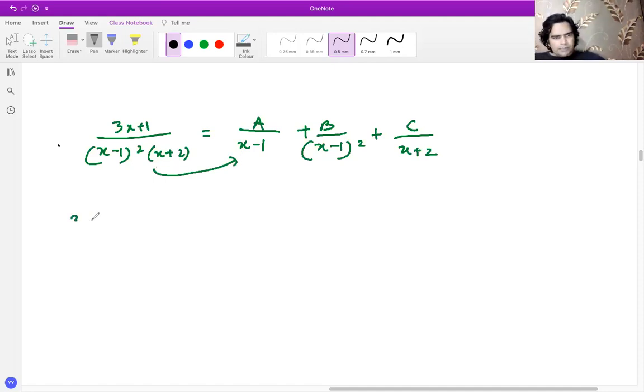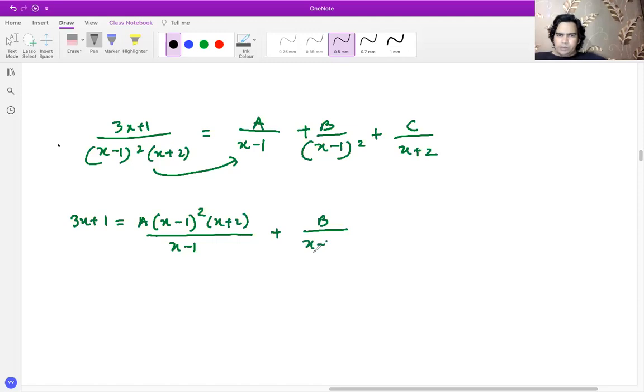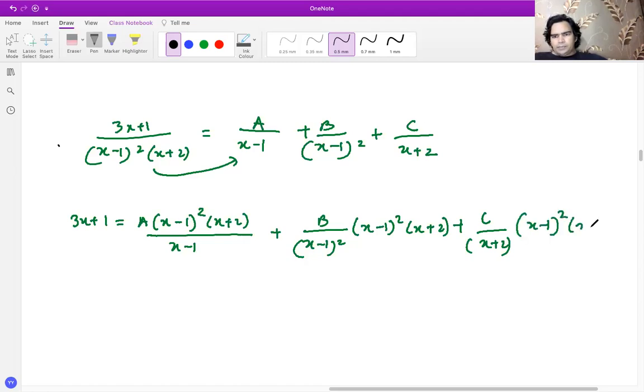So it will become 3x plus 1 equals a times x minus 1 the whole squared, x plus 2, over x minus 1. I'm writing out each factor. So b over x minus 1 the whole squared, times x minus 1 the whole squared, x plus 2, plus c over x plus 2, times x minus 1 the whole squared and x plus 2.